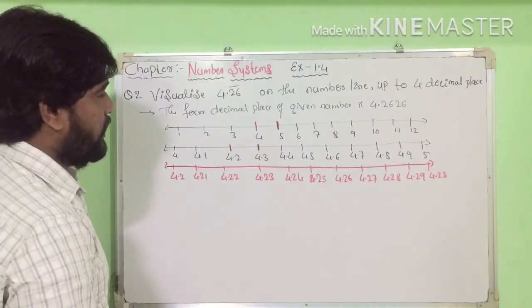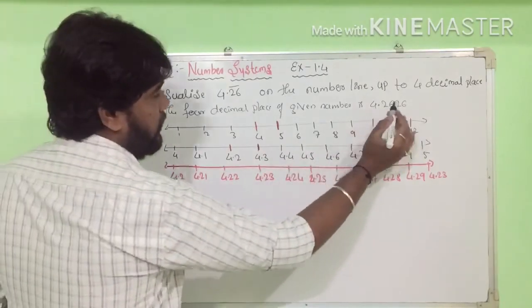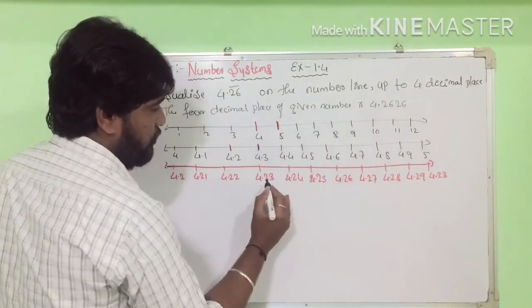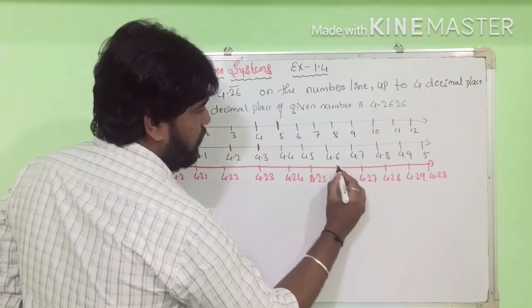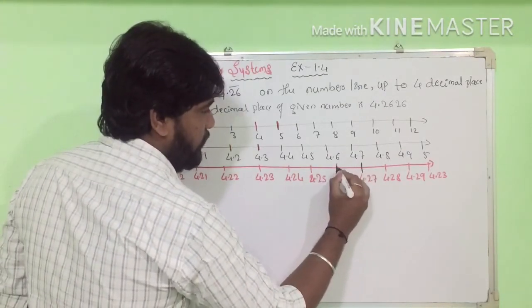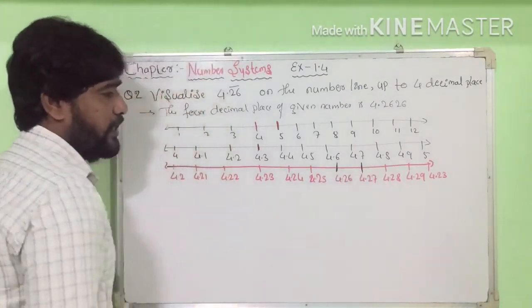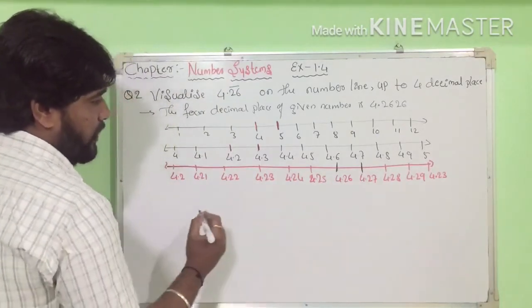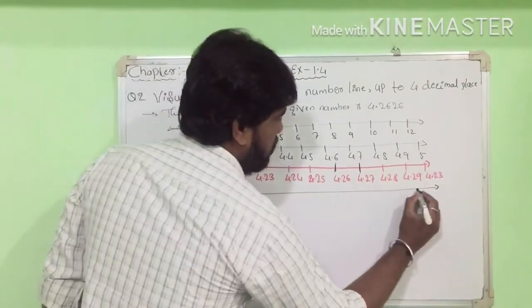So now our number lies between 4.26 and 4.27. So our number lies between here, 4.26 and 4.27. So magnify it and make this number line.